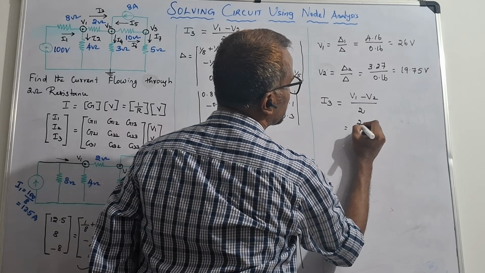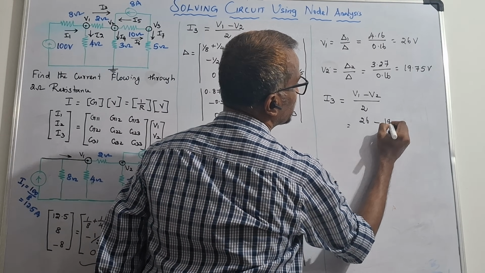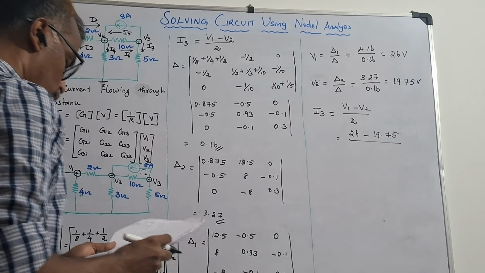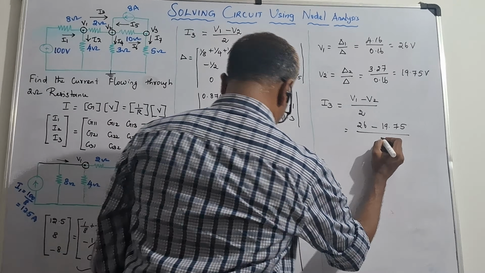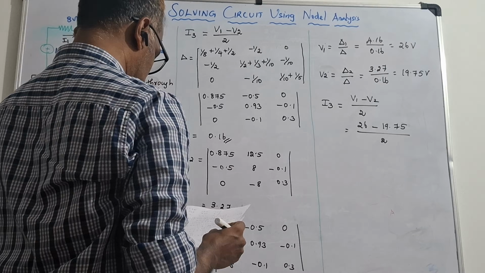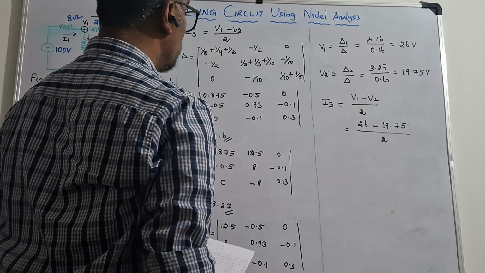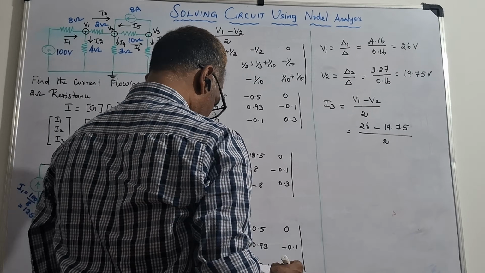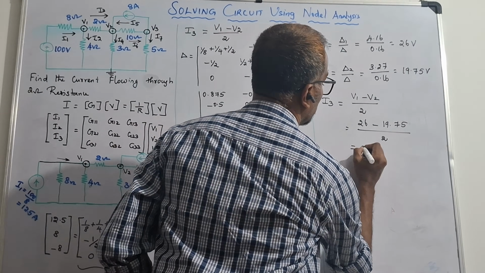So V1 is nothing but 26, V2 is nothing but 19.75, divided by 2 ohm. So we will get I3 is equal to 3 amps.